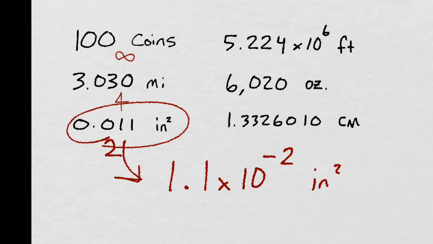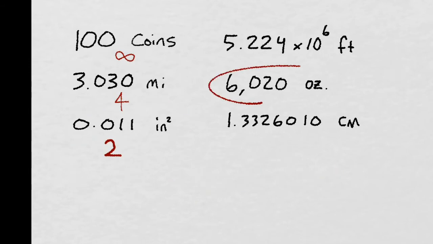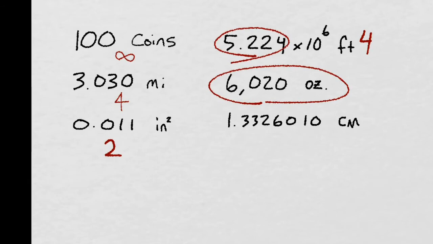We know that we would only put 1.1 because there's only 2 sig figs in this number. We'll put this number into scientific notation after we determine how many sig figs it has, just so that you can see how we would apply that rule. So for 5.224 times 10 to the 6th, this has 4 sig figs. Every one of these digits is included.